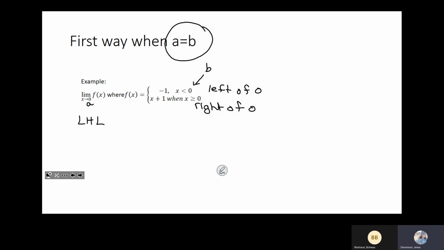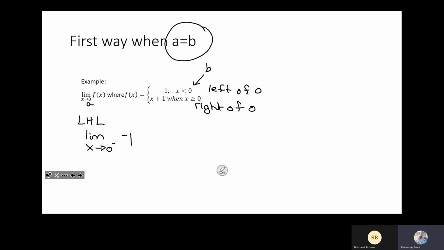So when looking at my left-hand limit, I have the limit as x approaches 0 with that little negative on the top representing that it's the left side. Now, I choose which section is the left side, so I'm going to have -1. If I were to think of that graphically, the limit of a constant is a constant because I can't plug in 0.